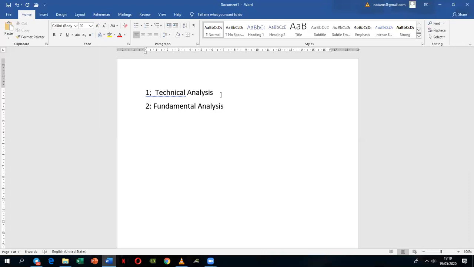Fundamental analysis is news. Let me give an example. Let's say the US is hit with a war outbreak, let's say they're fighting with Iraq or something. There are bombings here and there within the US.